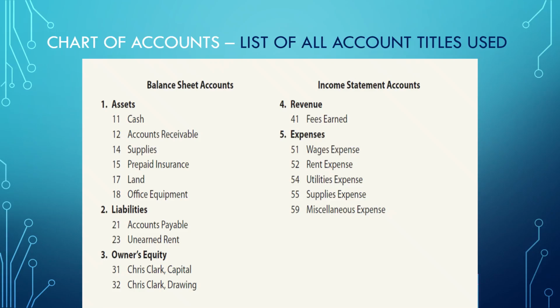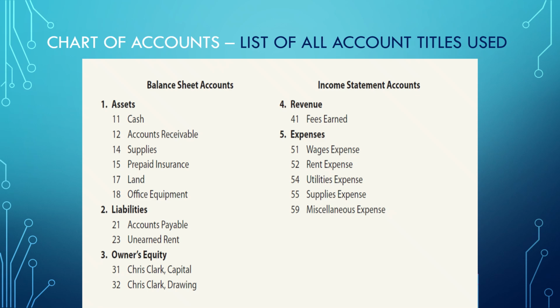Now let's just have some examples of assets, liabilities, owner's equity, and the revenue and expenses here. These are the usual list of account titles used. So for example, we have assets.